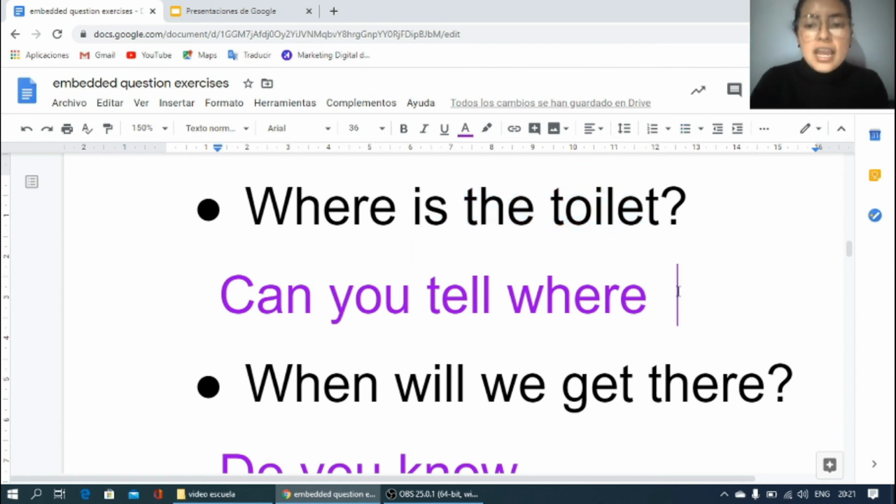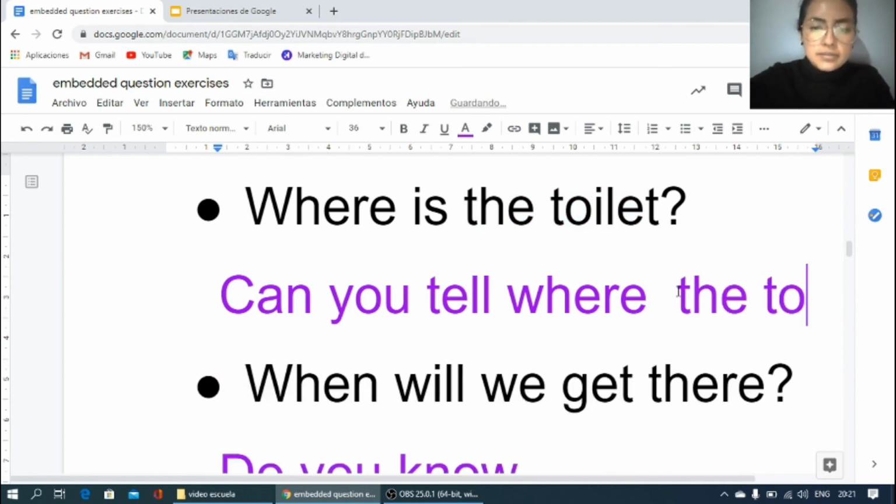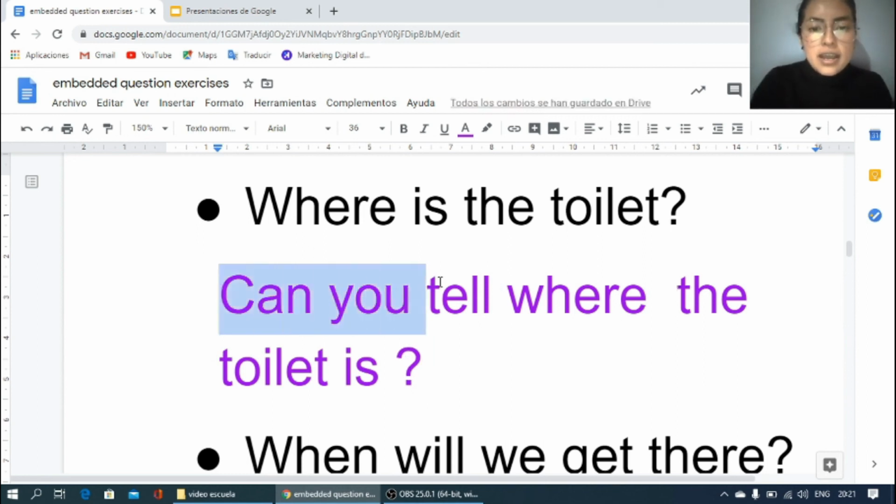And you have to write where the toilet is. Okay, in the end you have to put the question mark because we are using an introduction question. Can you tell me? If you use an introduction question, you have to put the question mark at the end.